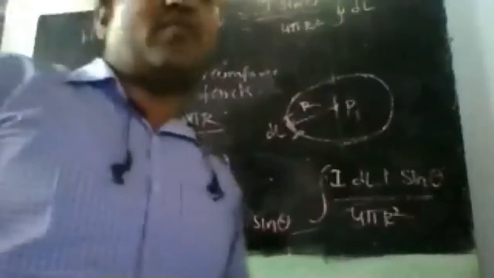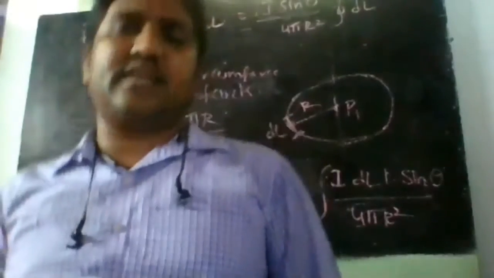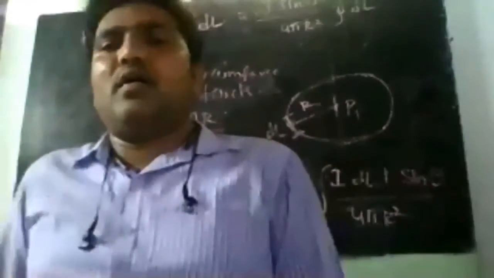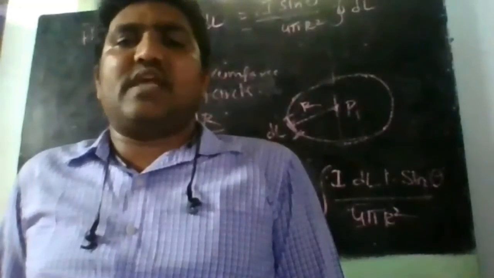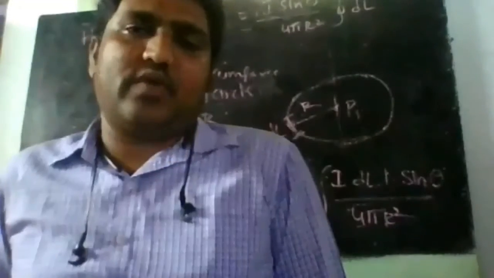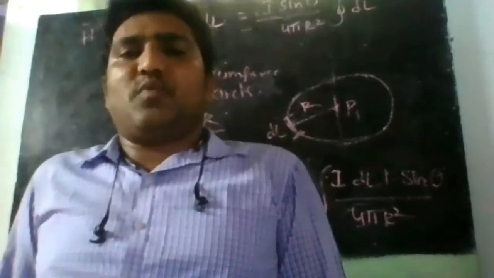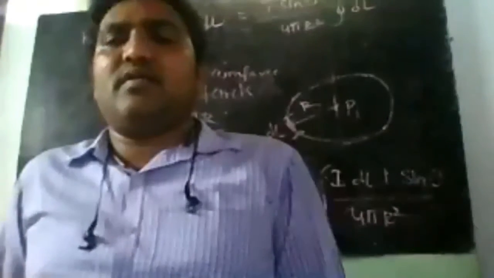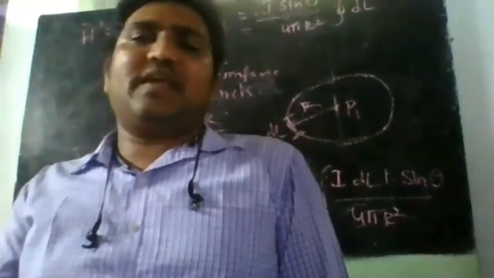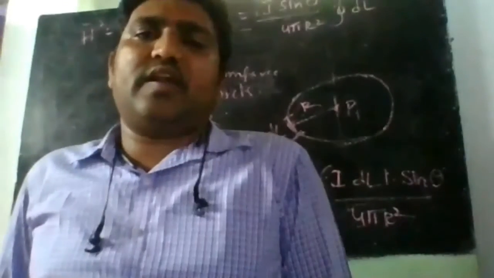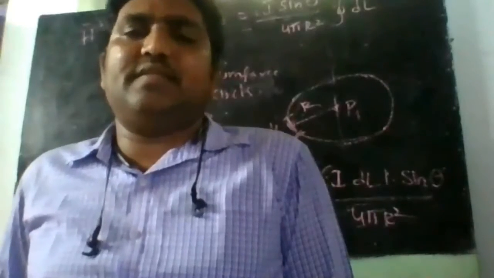So the formula for the magnetic field intensity is h bar equal to integral of idl cross ar bar divided by 4 pi r square. Here the cross product is idl cross ar bar, which is nothing but a cross b. A cross b is equal to ab sin theta.